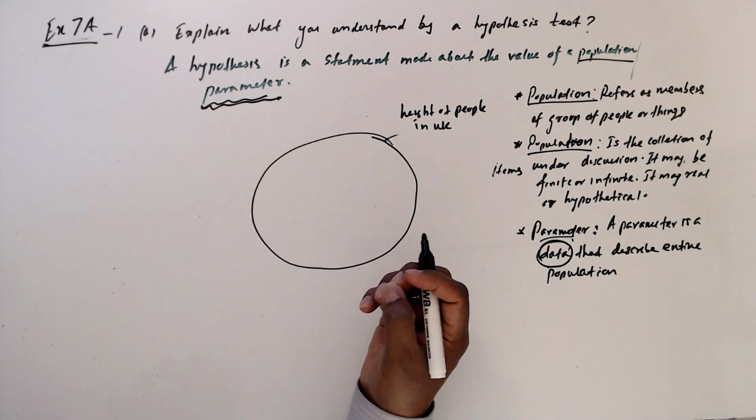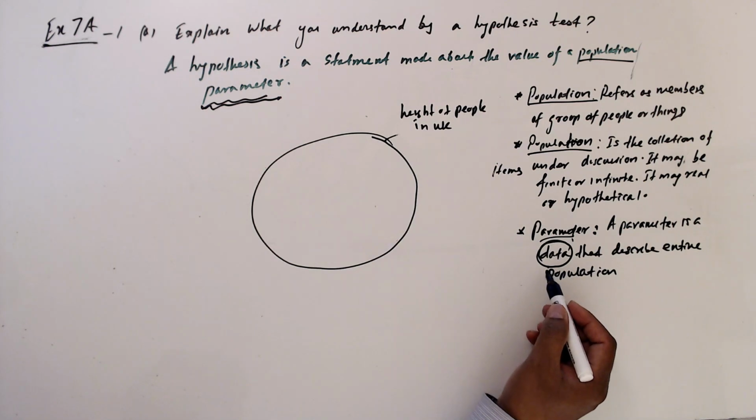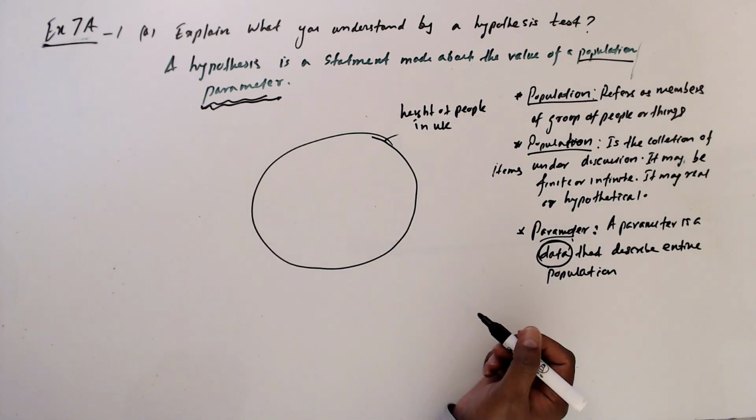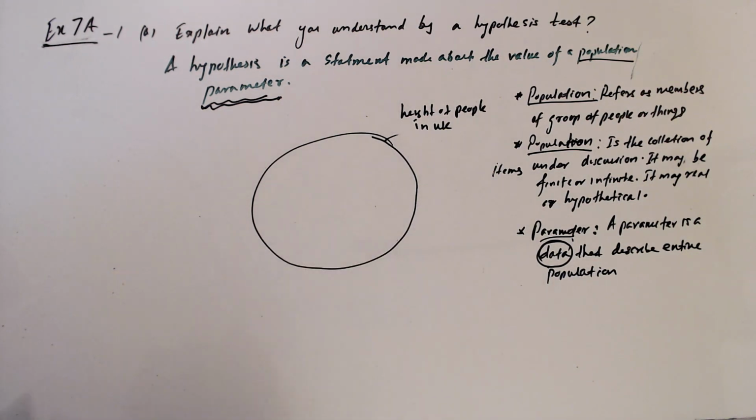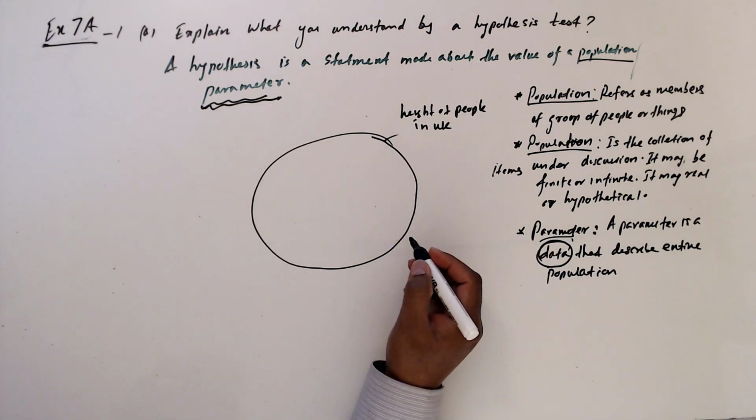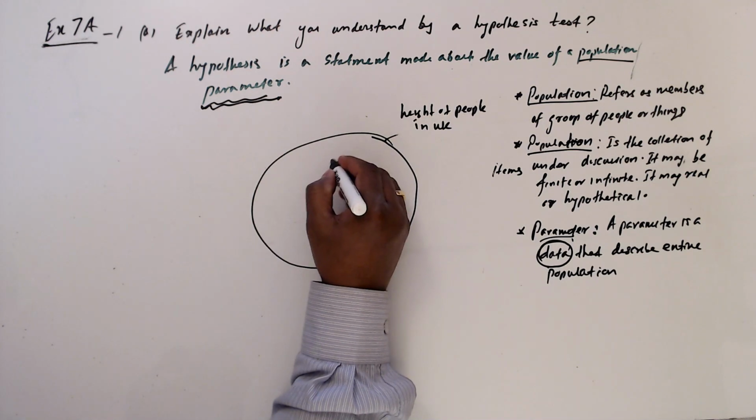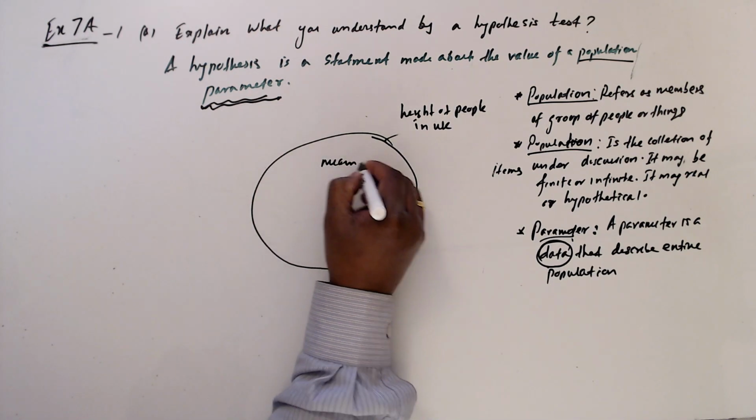Any value that represents the whole population, the height of the population, is the mean, mu.